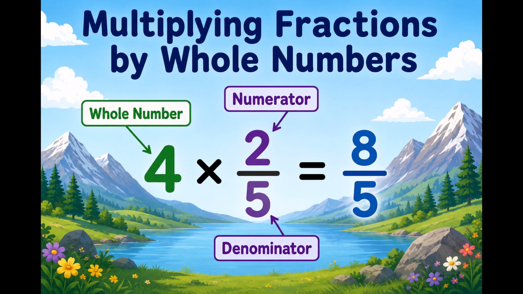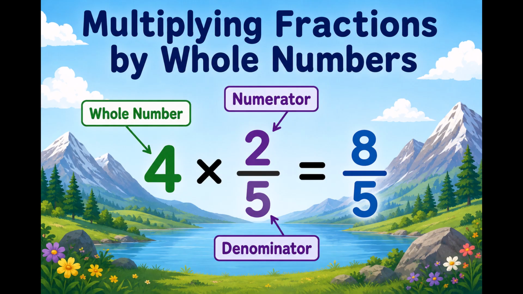Multiplying fractions by whole numbers. This is how that equation looks. So we see the number 4. The number 4 in this equation is considered the whole number. It's not a fraction. It's just a number. It's a whole number. And then we see the numerator. We know the numerator is the top, right?